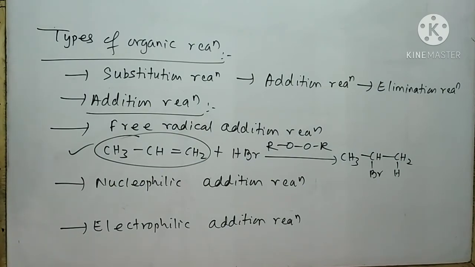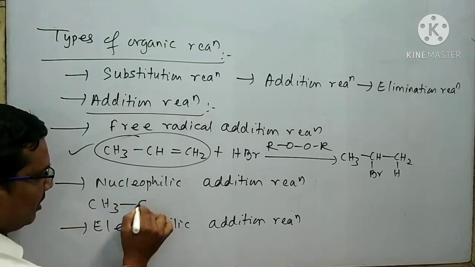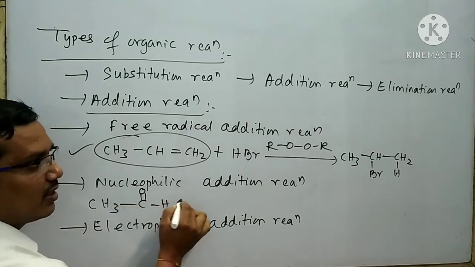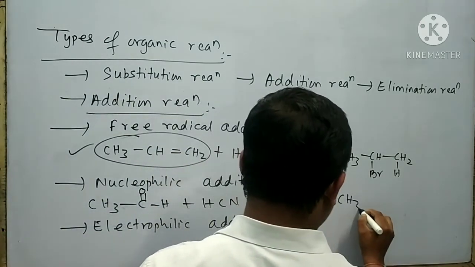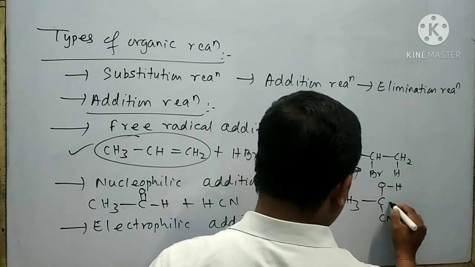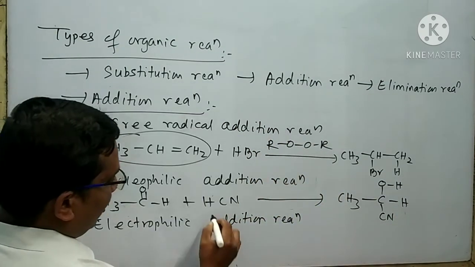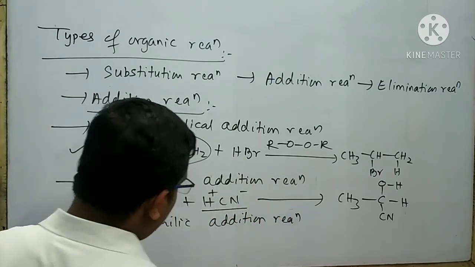Next I will explain about the nucleophilic addition reaction. Take an example. CH3-C=O-H reacts with HCN and gives CH3-C-OH-CN-H. Here HCN undergoes dissociation, giving H plus and CN minus ion.